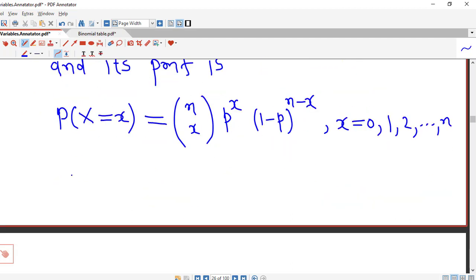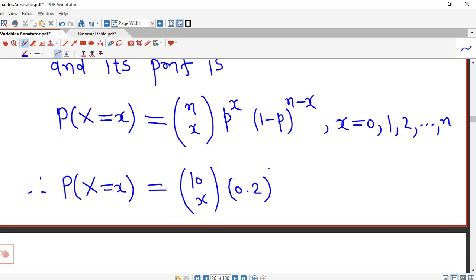So we substitute values of n and p here. n is 10, there are 10 telephone lines, probability of success is 0.2, and 1 minus 0.2 is 0.8 raised to 10 minus x, and possible values of x are 0, 1, 2 up to 10.